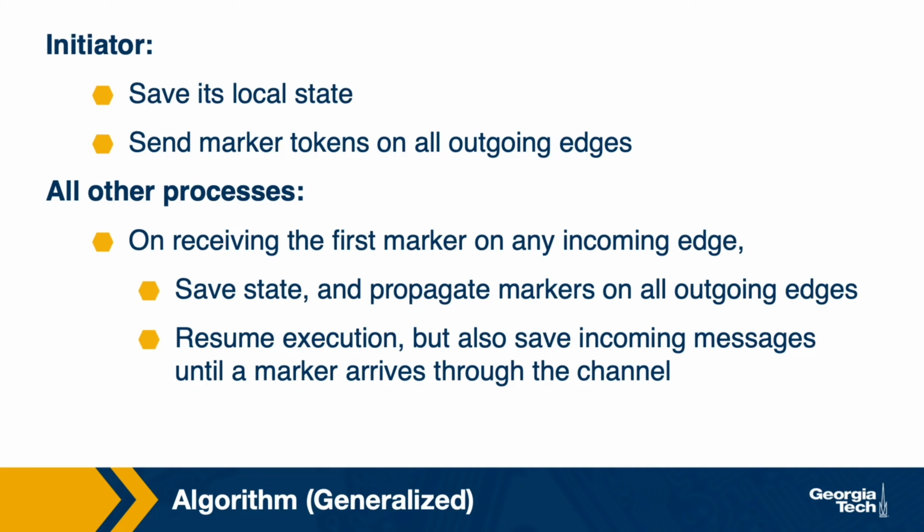And then they will just resume execution, but they will also save incoming messages on any of the channels until they see a marker arriving through that particular channel. When a marker does arrive on one of the incoming channels, then the process will mark the state of that channel such that all of the messages that were received since the process captured its state originally will be marked as messages that were in flight.